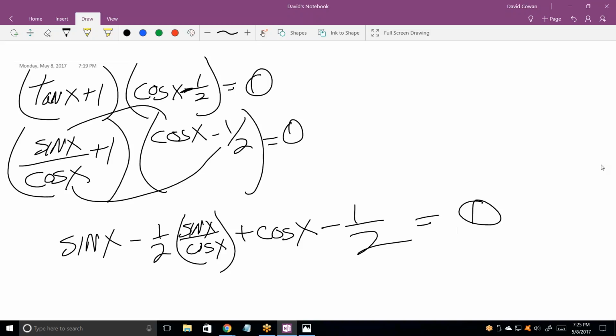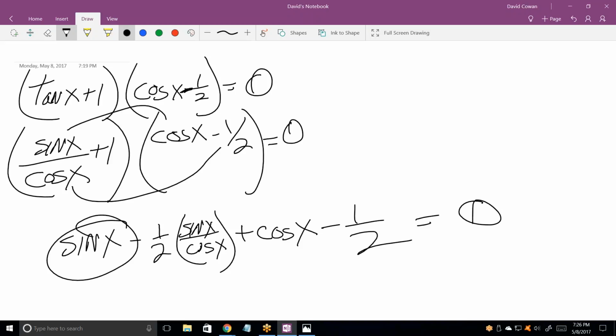Maybe the way to do this is not the way I did it, which is to convert tan x to sine x over cosine x. When I did that, I did it because I was going to end up with a sine x. And if I can get the whole trig function in terms of sine, I'm home free.